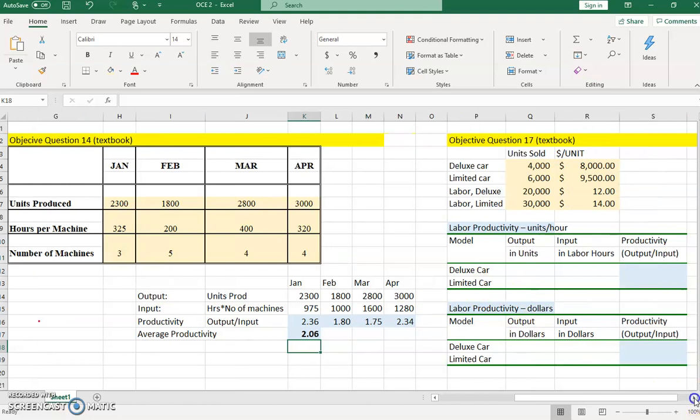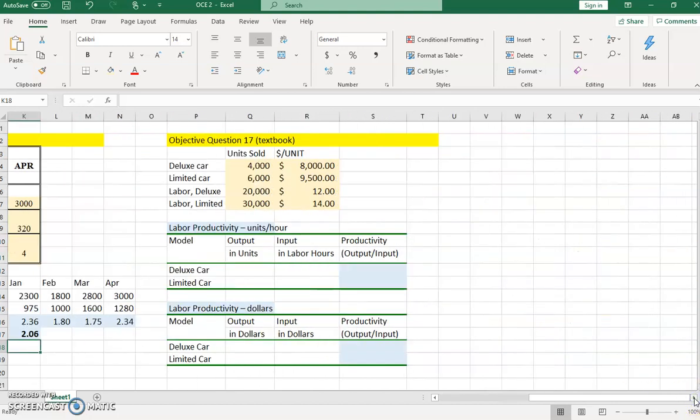The next problem I'm going to do is the objective question number 17. Here, a dealership is selling deluxe cars and limited cars. They have sold 4,000 deluxe cars at $8,000 per car and 6,000 limited cars at $9,500.